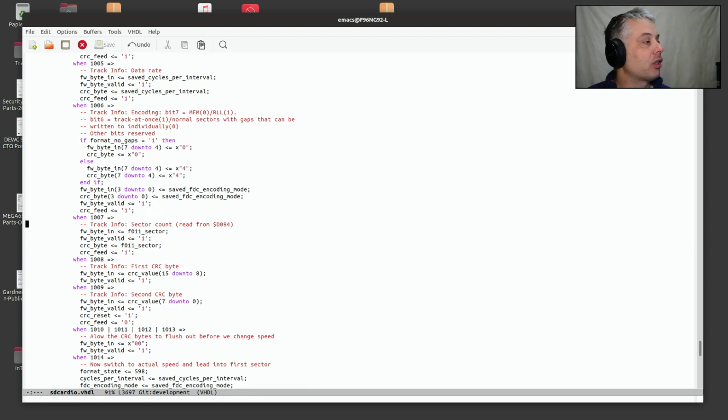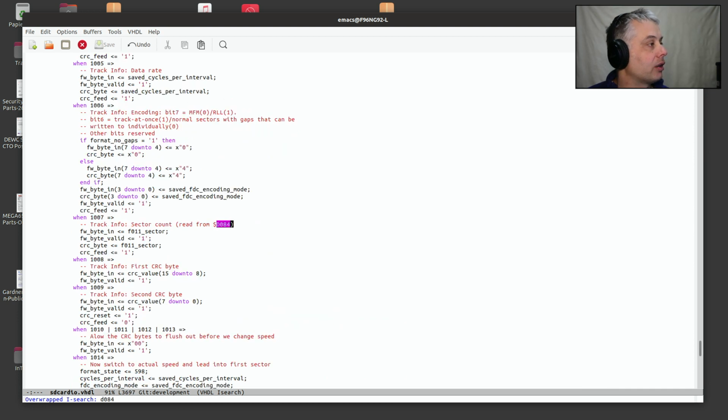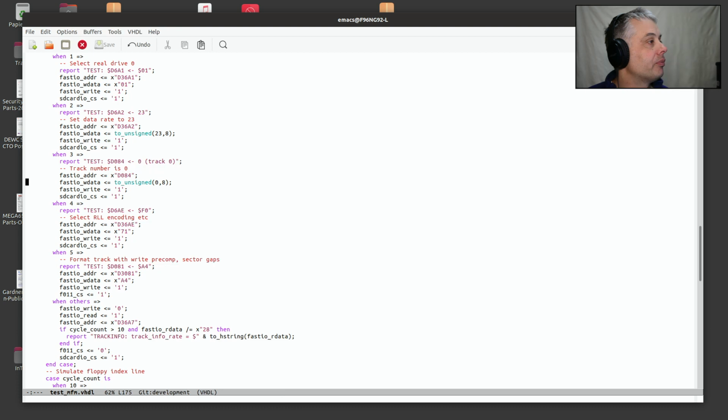That's right. Now we have the sector count in there as well that I'm putting in, which wasn't in there before. So this is going to mess things up a little bit. D084 is a track number. Actually, that's from D085. Right. That's all right, because the sector header will still be the same.